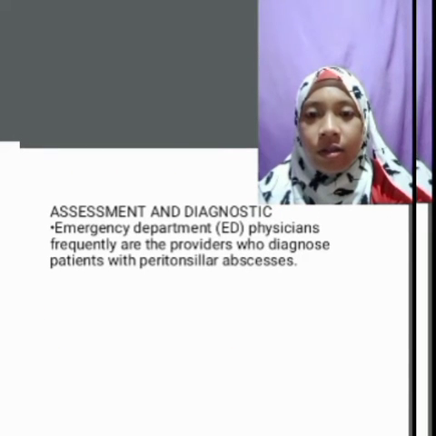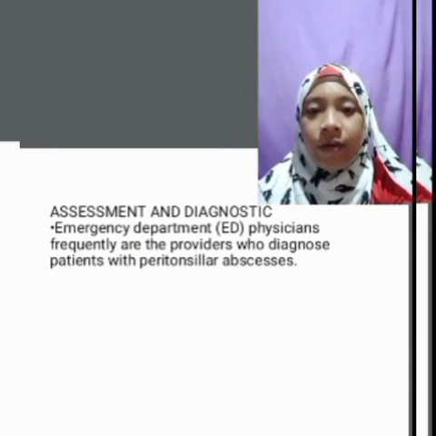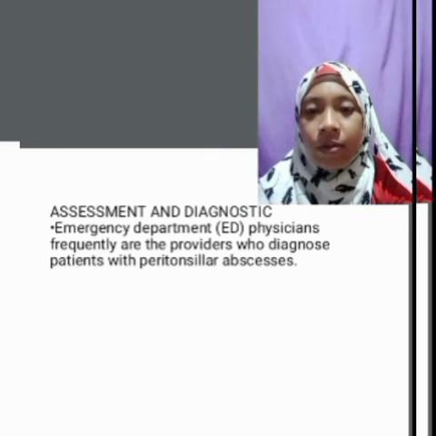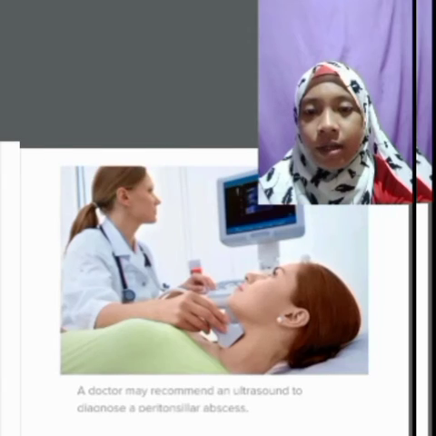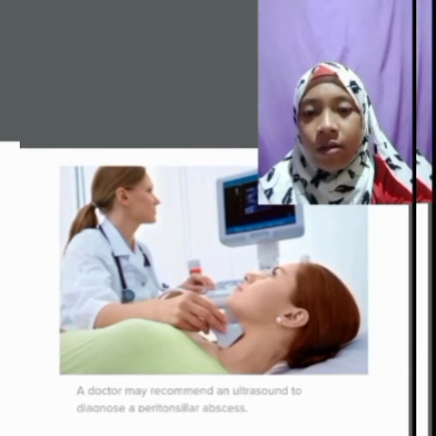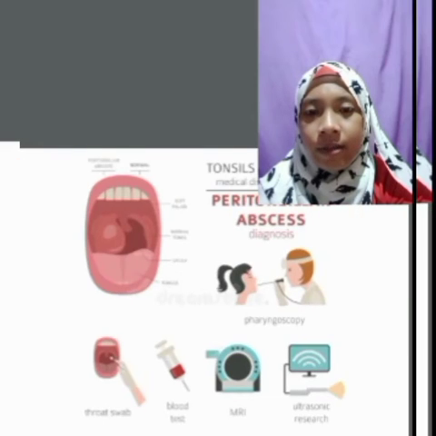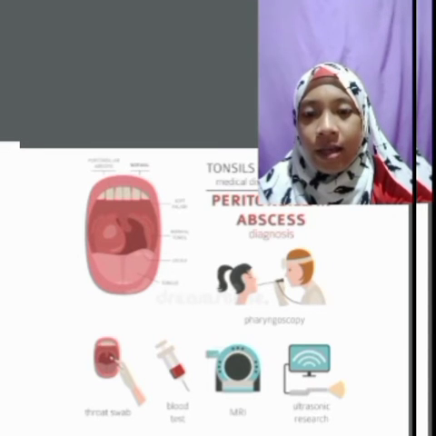Assessment and diagnostics. Emergency department physicians frequently are the providers who diagnose a patient with a peritonsillar abscess. A doctor may recommend an ultrasound to diagnose a peritonsillar abscess. Diagnosis: pharyngoscopy, MRI, ultrasonic research, blood test, throat swab.